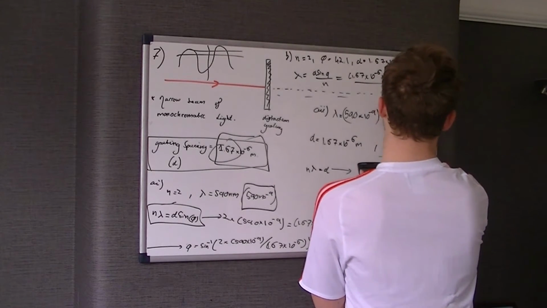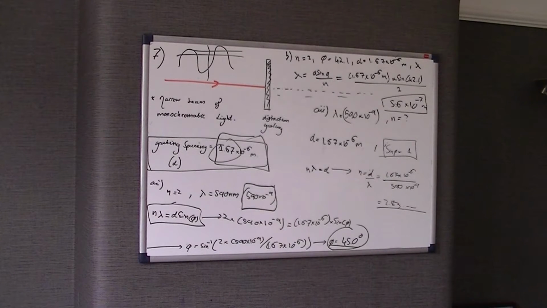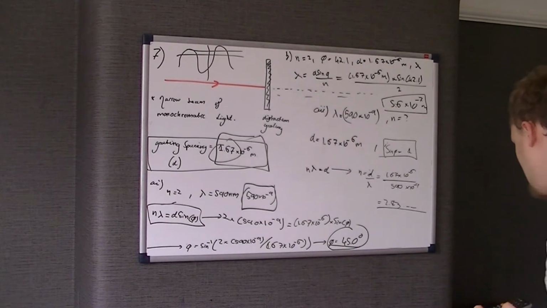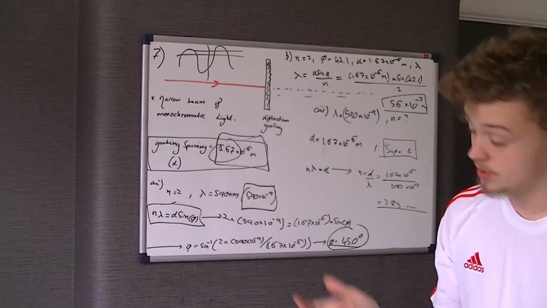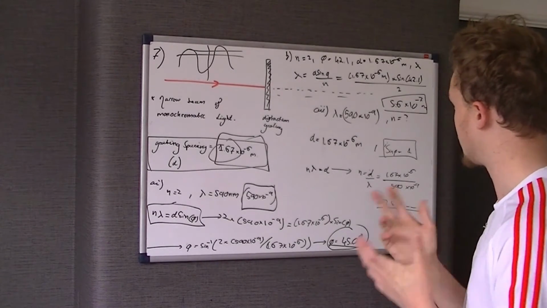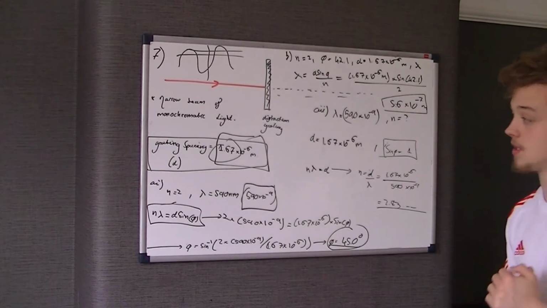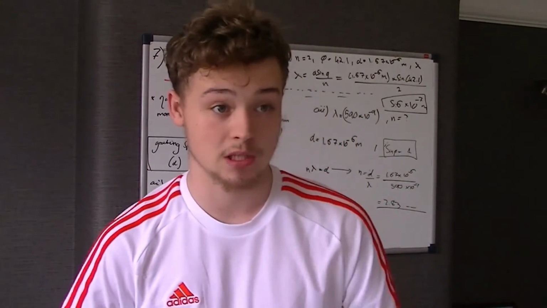That's the wavelength, okay? I suppose that's acceptable. It doesn't say a certain number of significant figures, so we assume that to be appropriate. So 5.6 times 10 to the minus 7 meters is the wavelength.